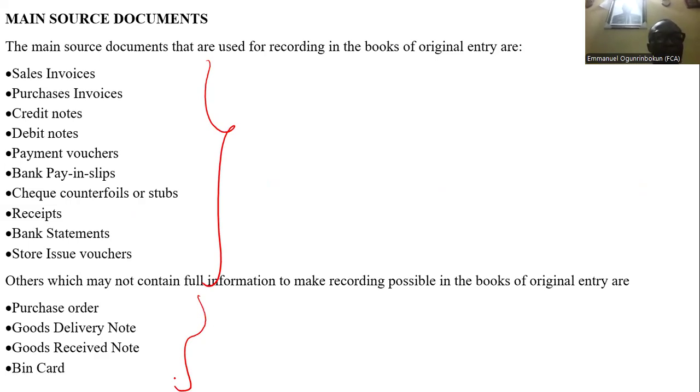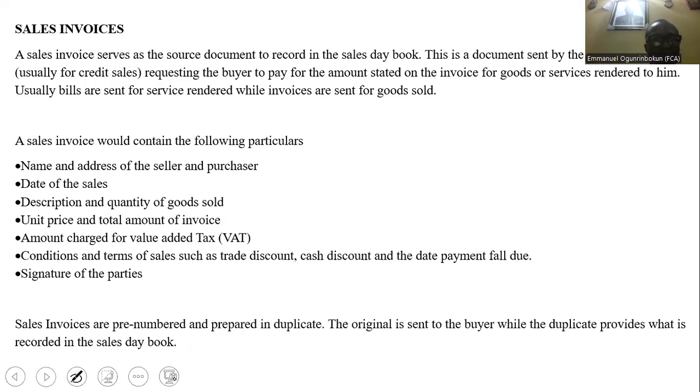We also have the credit note, the debit note, the payment voucher, bill payable, the bank paying slip, the receipt, the bank statement, store invoice, store issue voucher, and other ones that we have such as the purchase order.